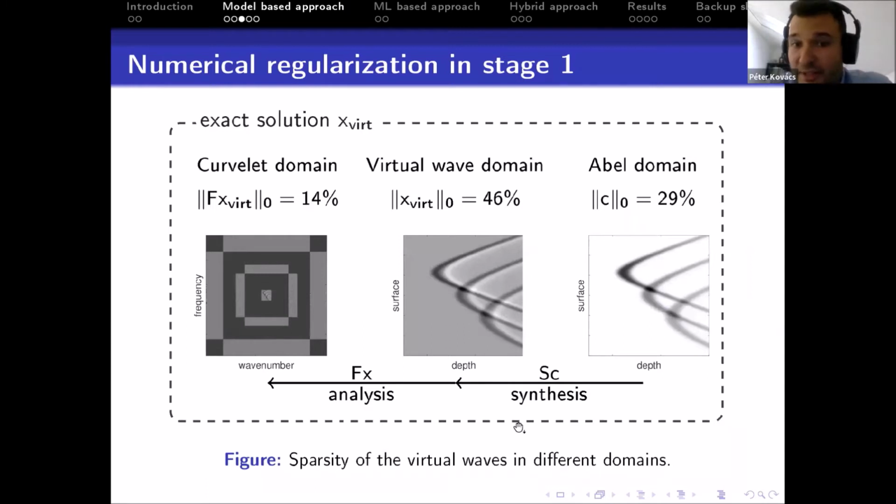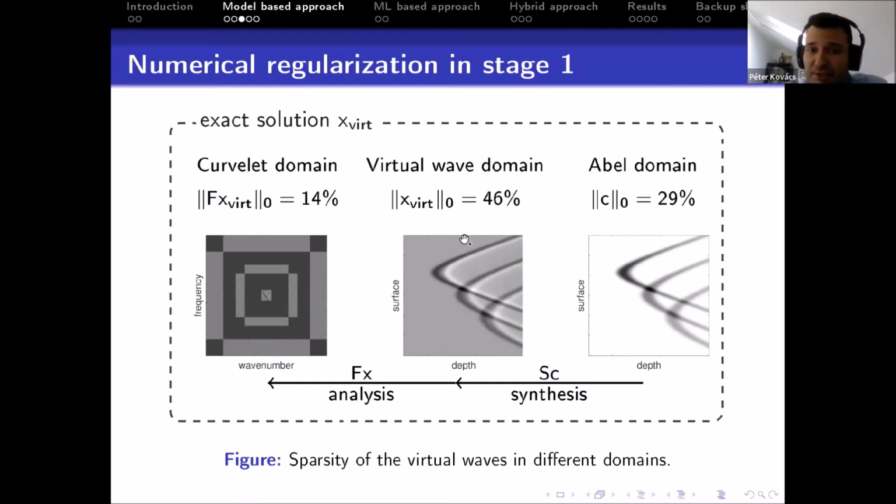Here you can see some examples for the two approaches, the analysis and the synthesis approaches. In the middle, you can see the virtual wave image corresponding to the image with the three point defects.